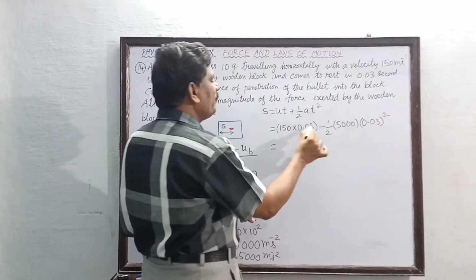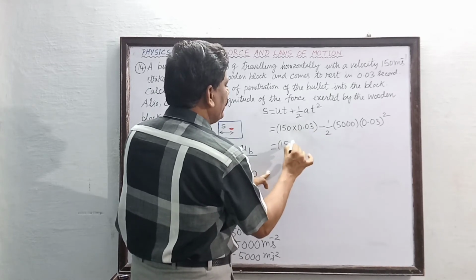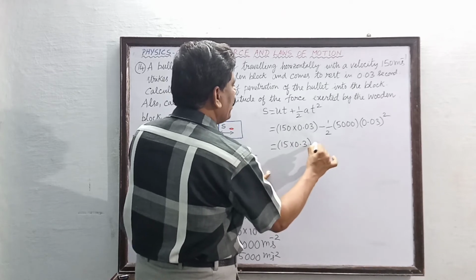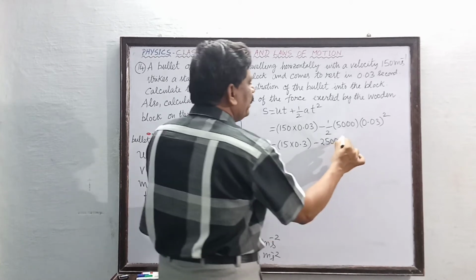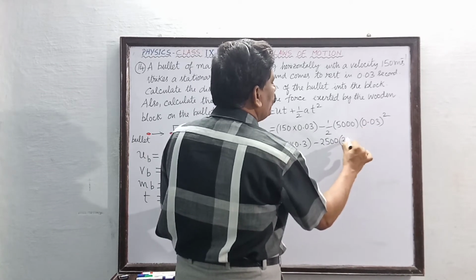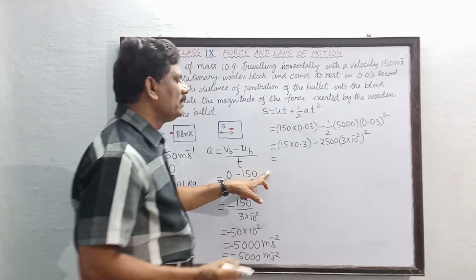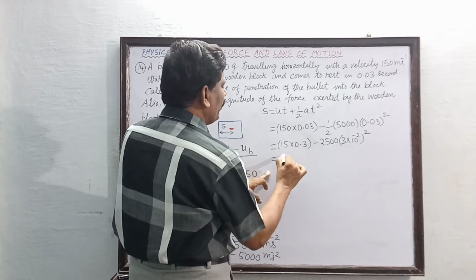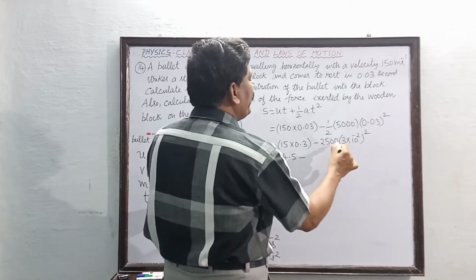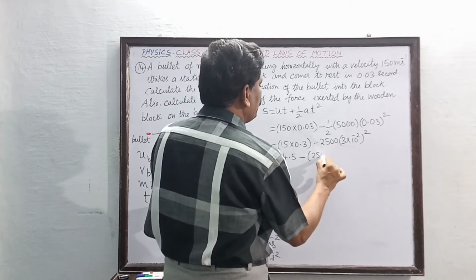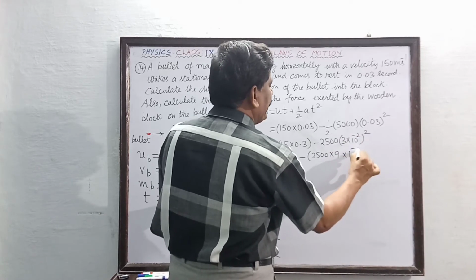So this is equal to 150 into 0.03, that is 15 into 0.3, minus 5000 divided by 2, which is 2500, into 3 into 10 power minus 2, the whole square. 15 threes are 45, so this is 4.5 minus 2500 into 3 square, which is 9 into 10 power minus 4.